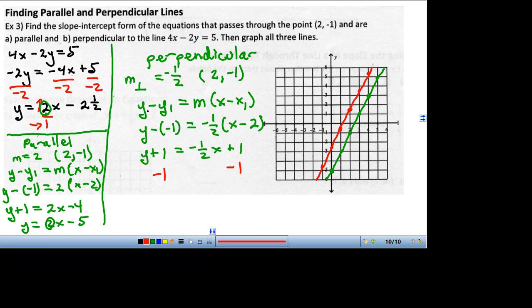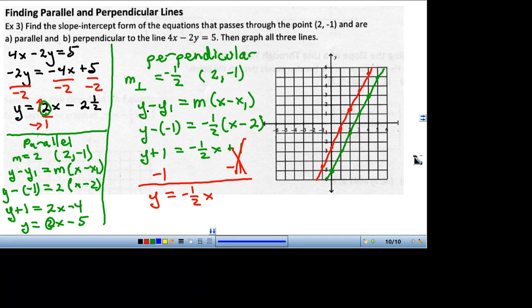So, y equals negative 1/2 x plus 0. But the reality is, plus 0, you don't even need to put it down. Sorry about that. Boom. So, I know my y-intercept is 0.